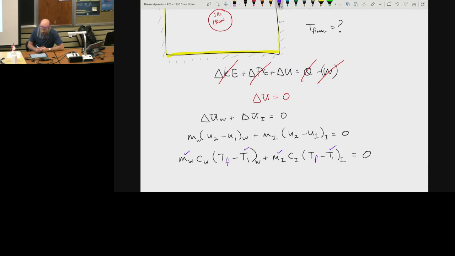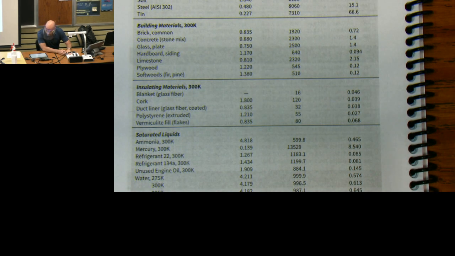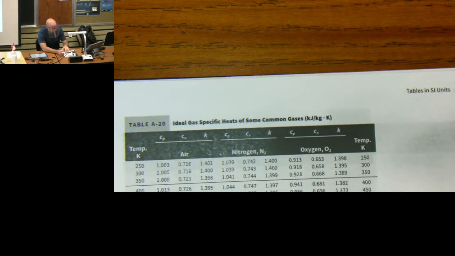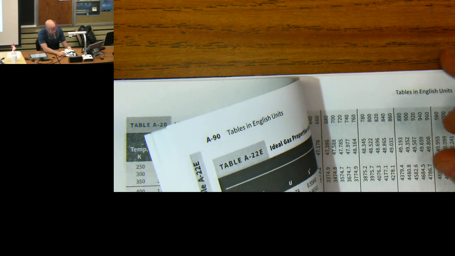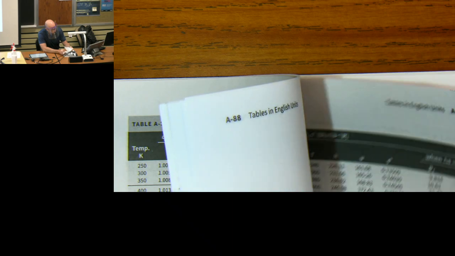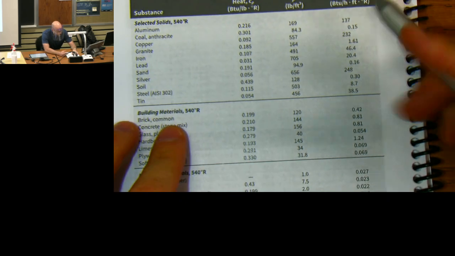Now we have to find out what our specific heats are. I'm going to go to my document camera just for a moment, and then I'm going to come out of it. We're going to go into our English tables, table A19E. Now iron.